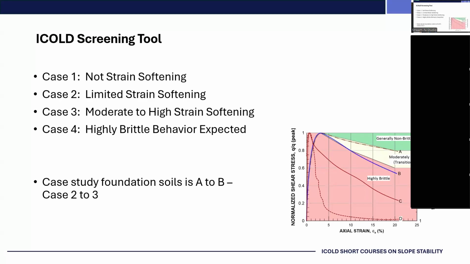But we didn't ignore this. We had done extensive investigations on the foundation sediments, and I'm not going to show you all the results, but fundamentally, we were in the A to B world. And we were in the case 2 to 3 of limited strain softening or moderate to high strain softening. We were not case 4.